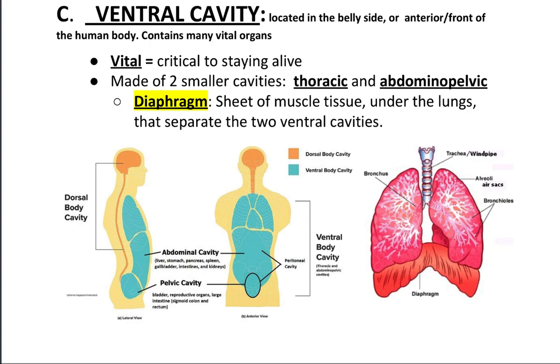This sheet of muscle spans right above your stomach and your liver, and it creates a strong division between all the organs above the diaphragm, which is in your chest, and all the organs below your diaphragm, which is your belly, your abdomen, and your pelvic region, so your belly organs or digestive organs.